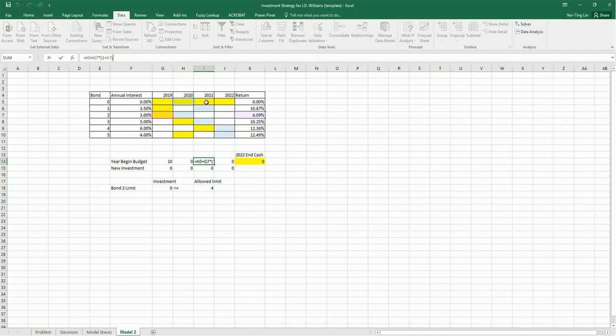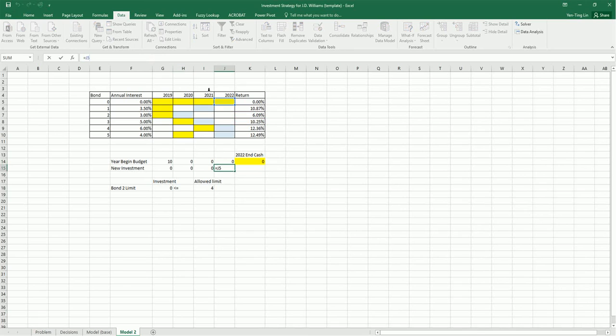2021, available funds are the cash from the previous year and bond 2 that becomes mature. So I have the red cell times 1 plus this interest, so the principal plus interest for bond 2. Investments, cash plus bond 4. 2022, sources of funding: cash from 2021 plus the matured bond 1 and the matured bond 3.